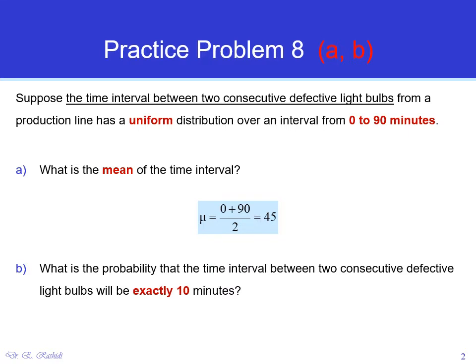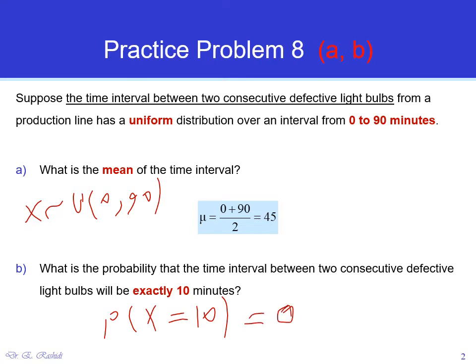So again, we are dealing with a uniform distribution with A equal to 0 and B equal to 90. So X is a uniform distribution with 0 and 90. What we are looking for here is the probability that X is exactly equal to 10. Well, this is actually equal to 0.